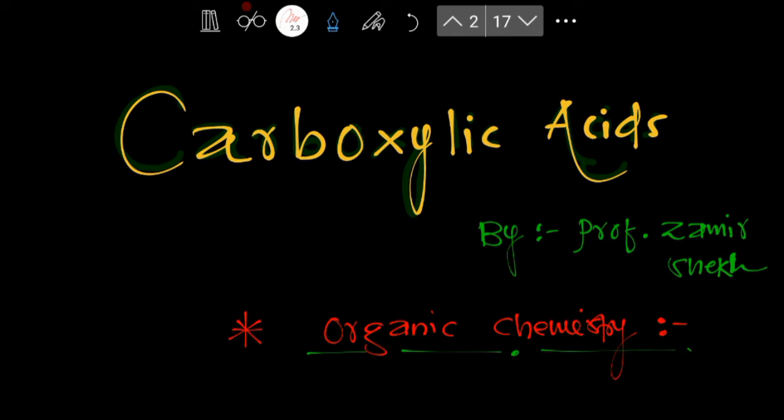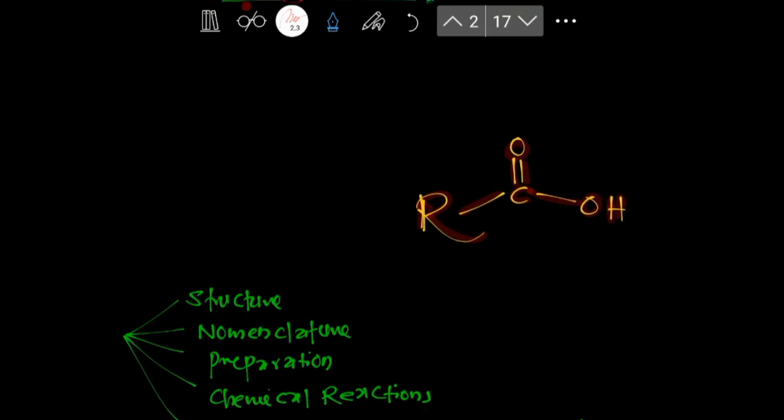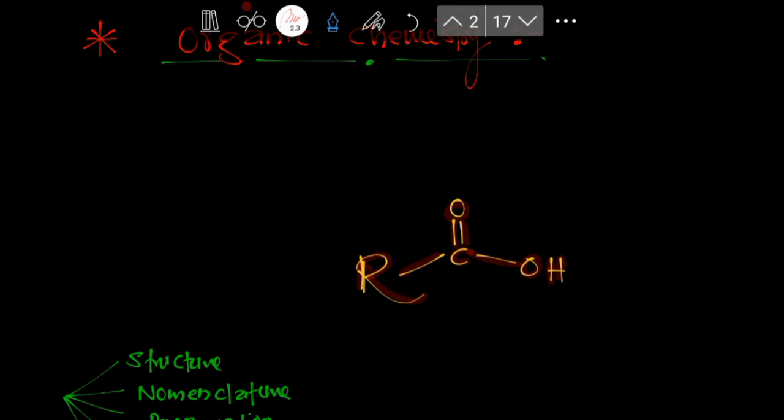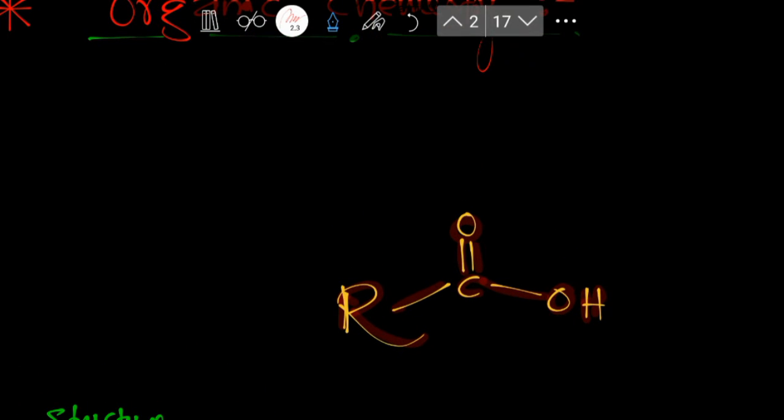So what I am going to discuss is carboxylic acid. First of all, the carboxylic acid looks like this. Simply, the formula is RCOOH. That means the main functionality is the carbonyl group, which is directly connected with the OH, and the whole functional group is simply represented as CO2H or COOH.